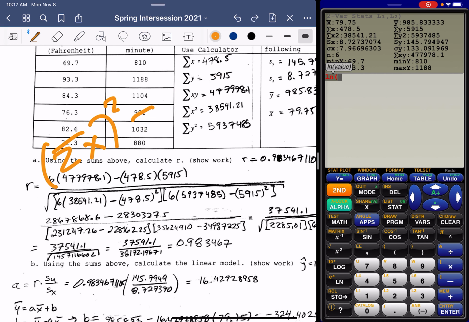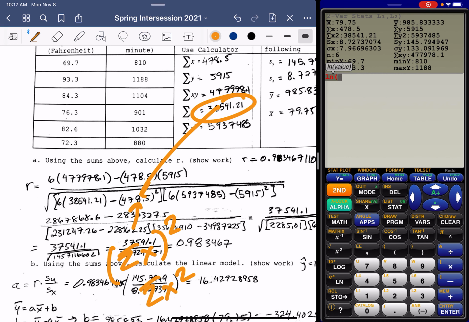Keep that in mind, because a lot of times we will put this right here, which is the sum of x quantity squared. Sometimes we'll put the sum of x squared. We'll put this value in here, and then we square it again. That's a big one that a lot of people do. Okay.